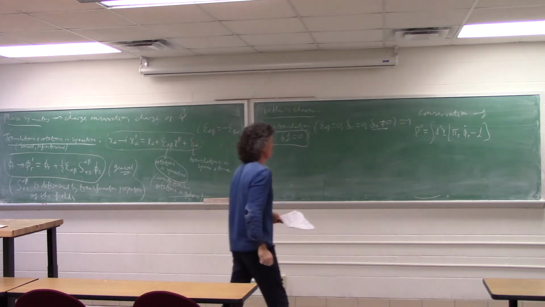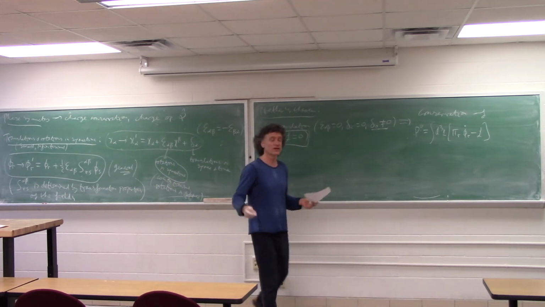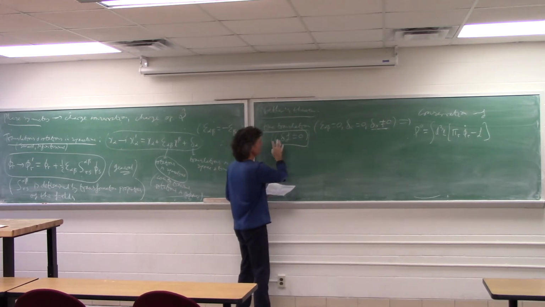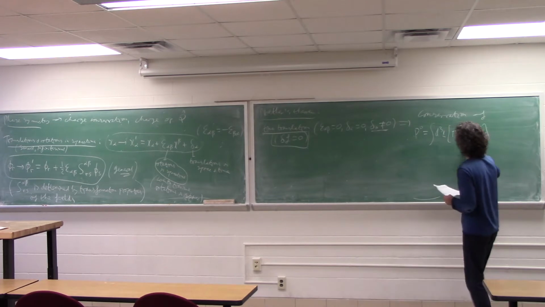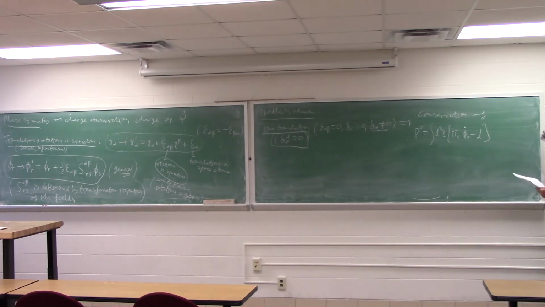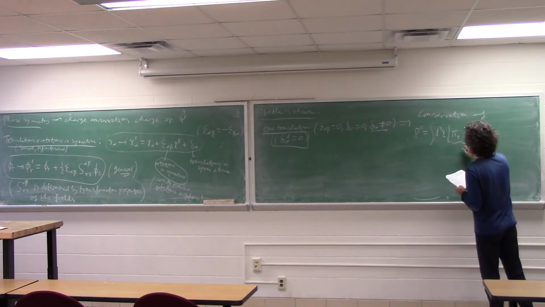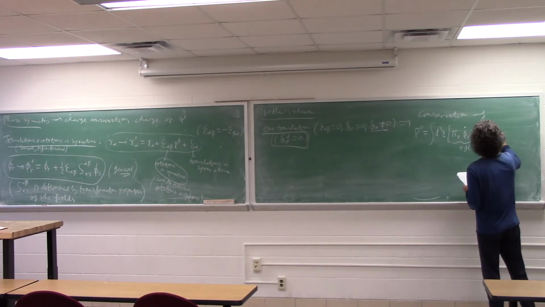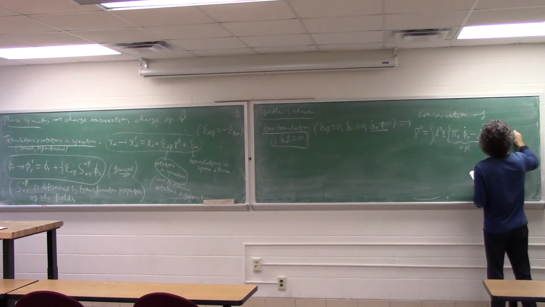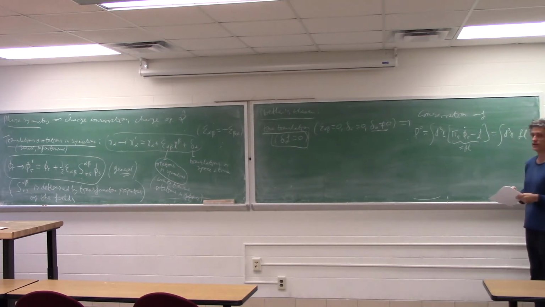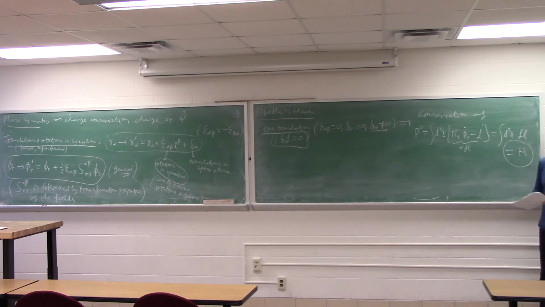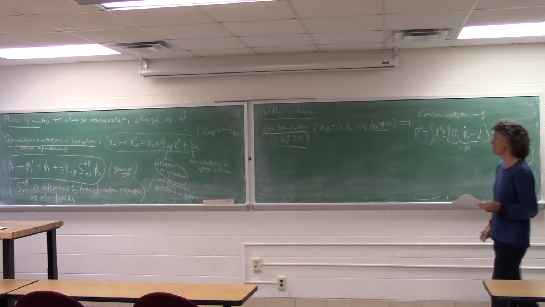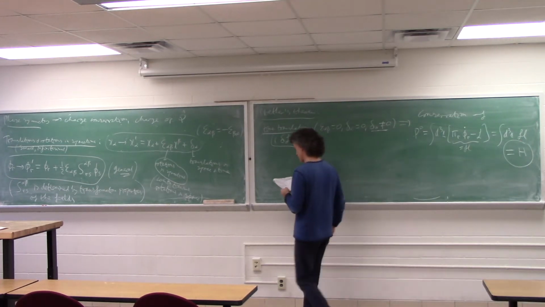For the purposes of this course, what you really need to know is this theorem: time translation invariance of the Lagrangian density implies that this quantity here is conserved. And of course, what is this quantity? This is just the space integral of the Hamiltonian density. In other words, the total Hamiltonian is conserved. It comes from time translation invariance.